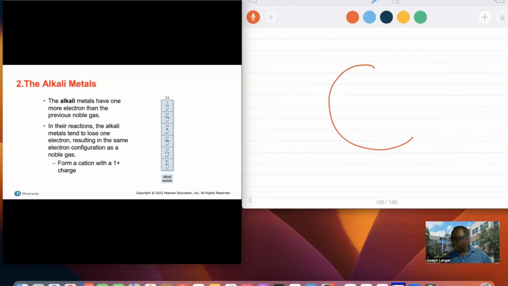Using an illustration here, this is sodium, atomic number 11.